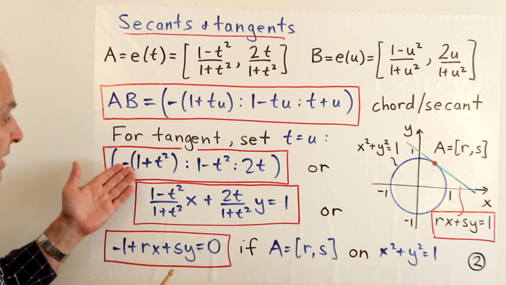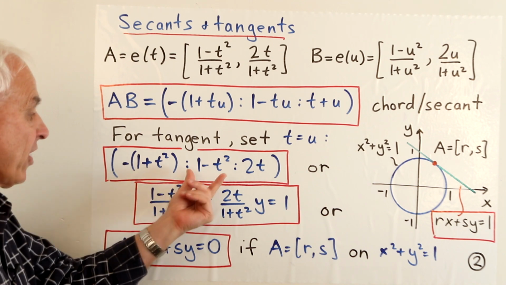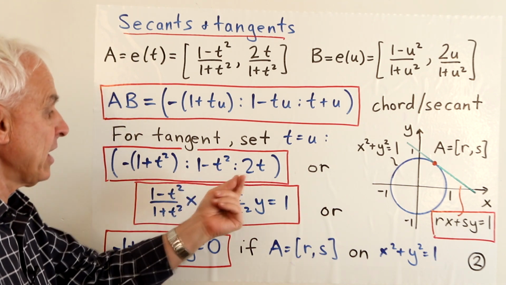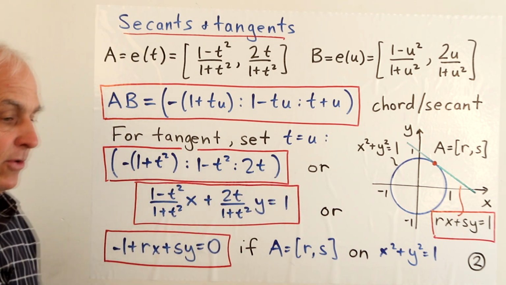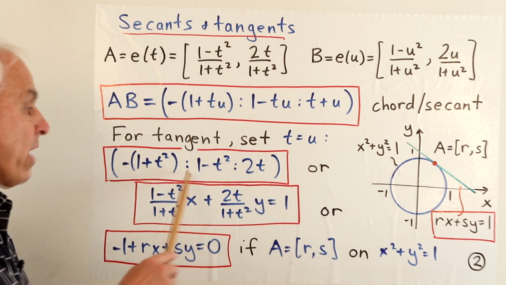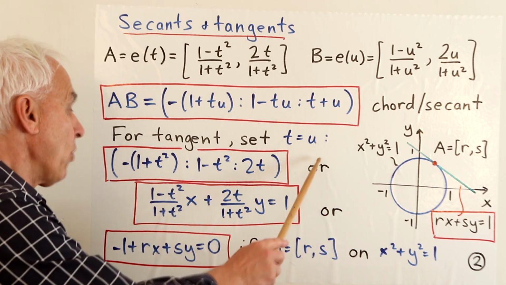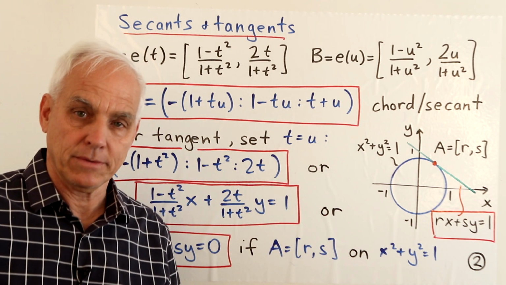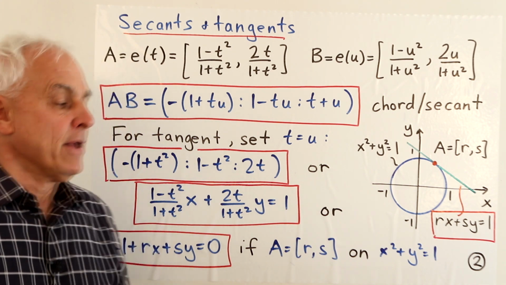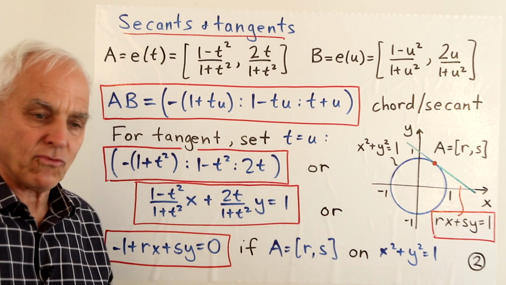And if we want to write a more familiar equation, we write this: minus 1 plus t squared, plus (1 minus t squared) x plus 2ty equals 0. We can bring the constant term to the other side, then it becomes (1 minus t squared) times x plus 2ty equals 1 plus t squared. But it's maybe more natural to divide by that right-hand side.